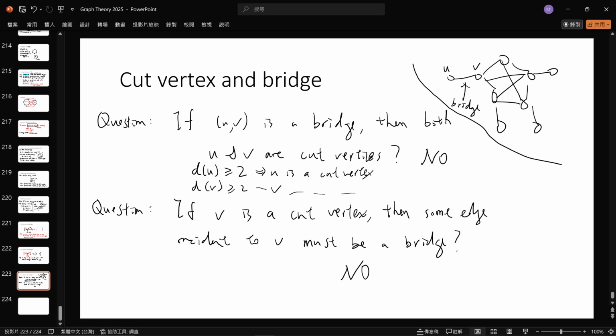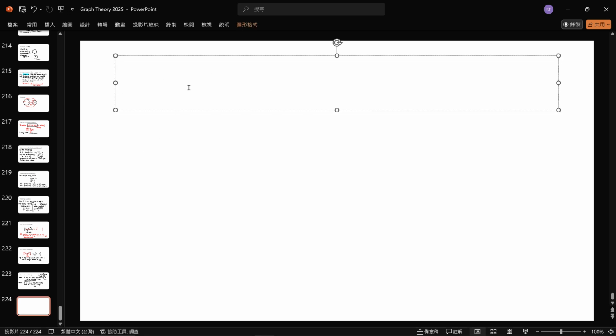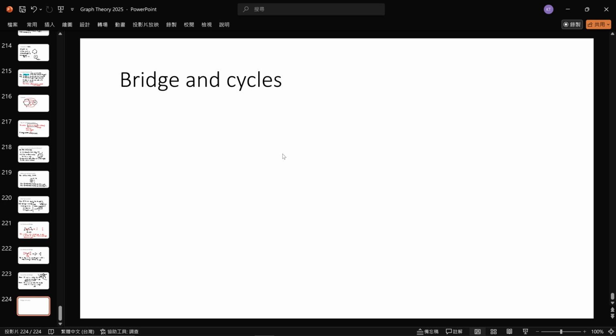Next, let's consider a very simple property about bridges. This time we're going to consider cycles and bridges.